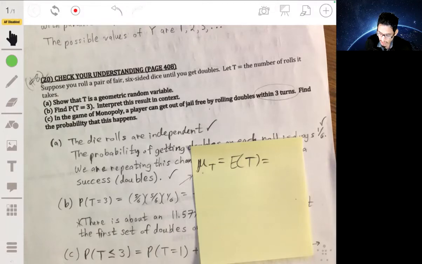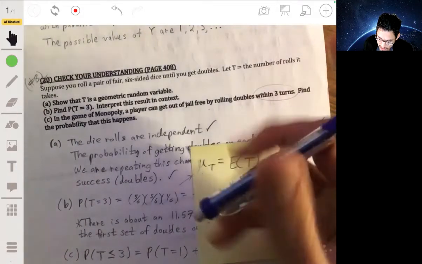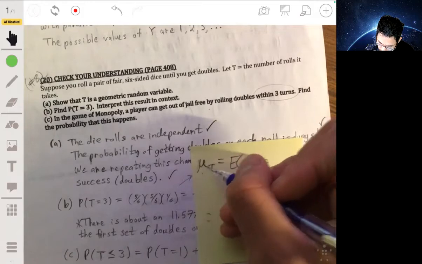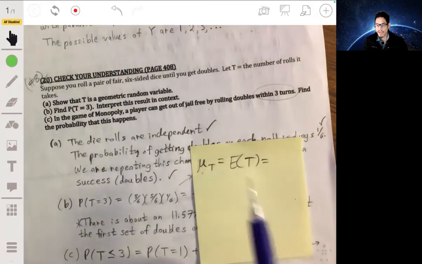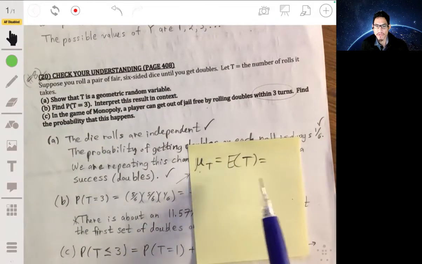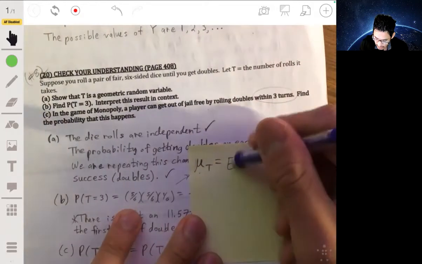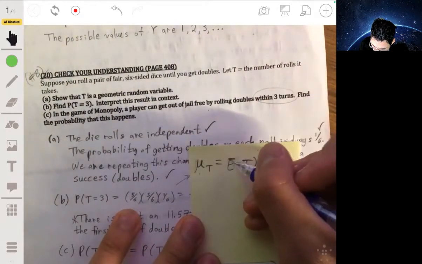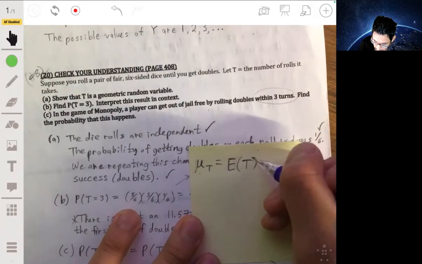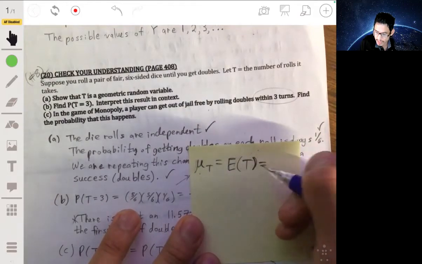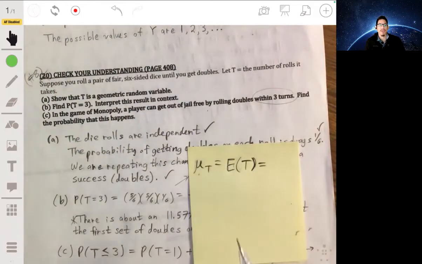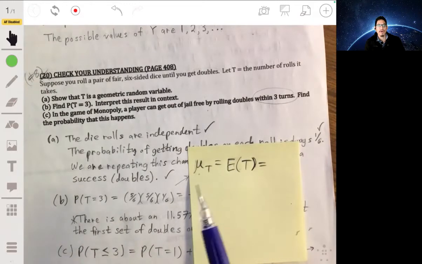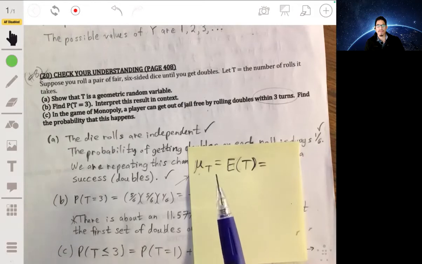Well, let's think about this without having to plug and chug, because sometimes that makes these concepts more complicated. The mean of t, the expected value of t, what is this asking for? What this is basically representing is the number of rolls we'll usually need to take before we get doubles.